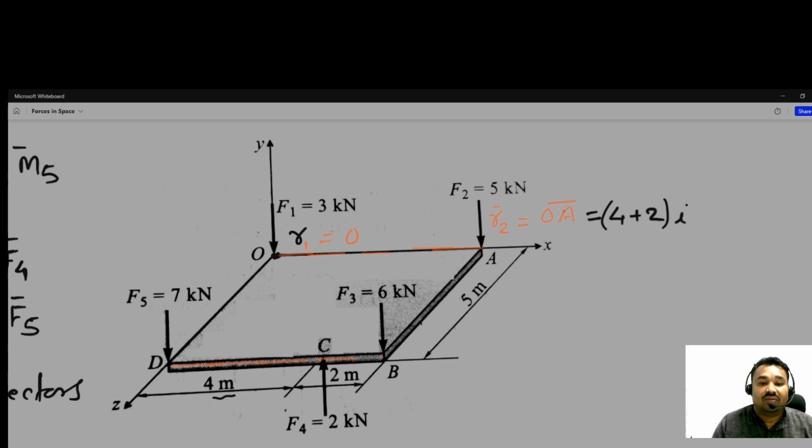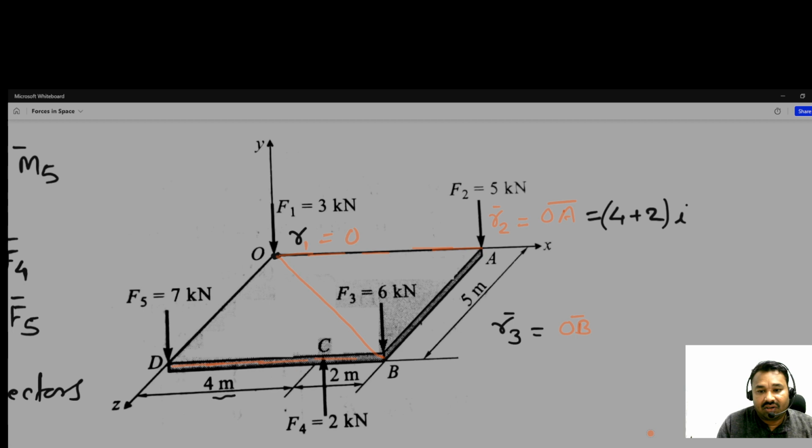Now what about R3? Here we're talking about F3, so the R3 vector will be from O to B, OB.